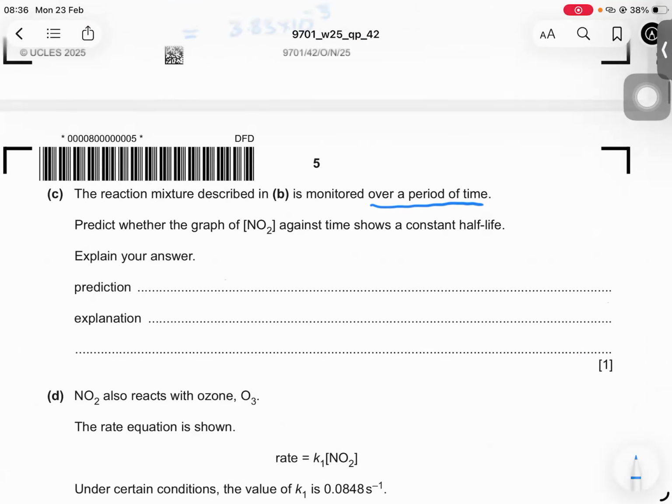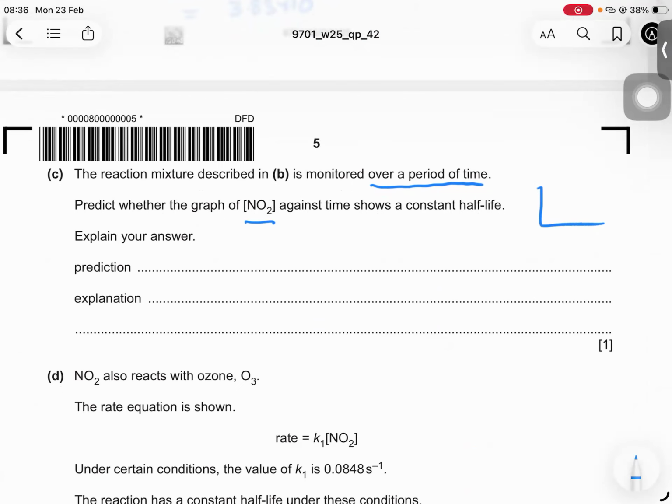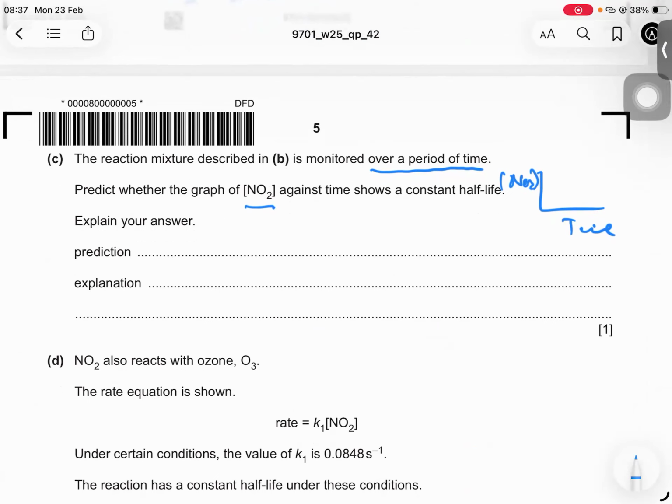Predict whether the graph of the concentration of NO2 against time shows a constant half-life. Explain your answer. What's your prediction? Not a constant half-life. Because the half-life can only be constant if the overall order is 1. And if there are two reactants, one has to be taken in very large excess. Now the concentration of both was 0.2 mole per dm cube, so it is not made overall first order. So not a constant half-life. Why? Because it is an overall second order reaction.